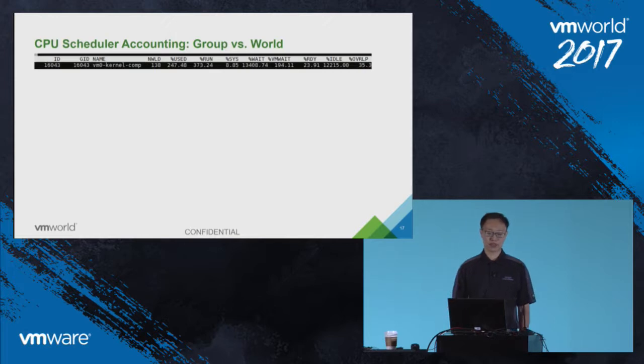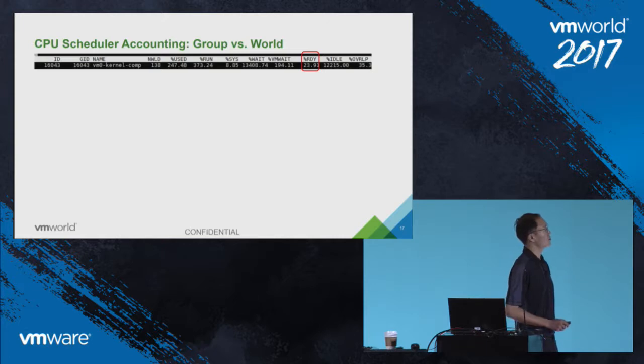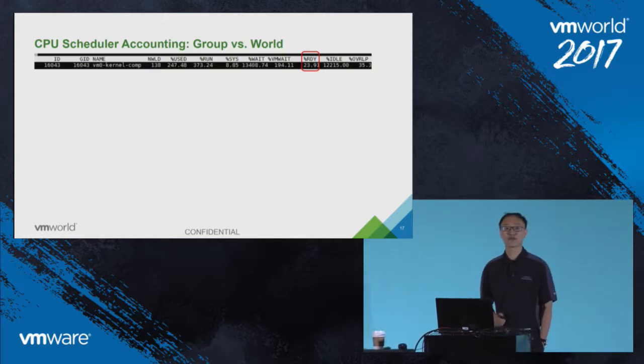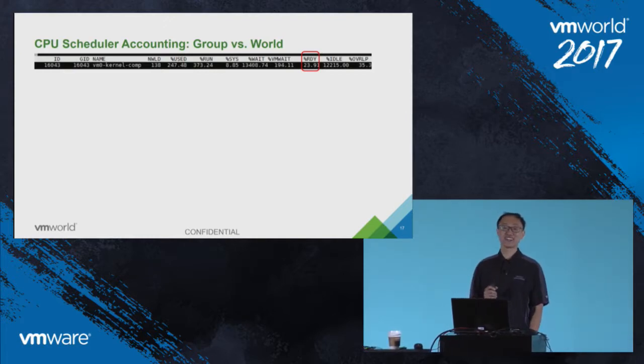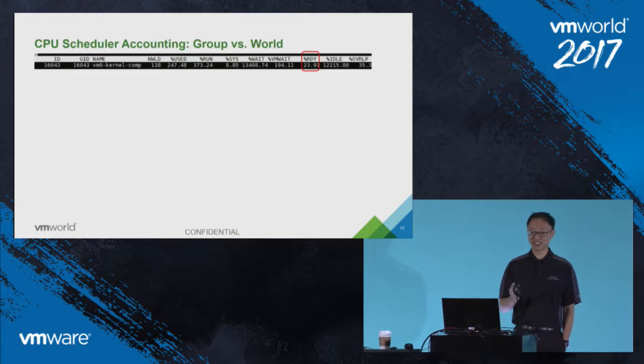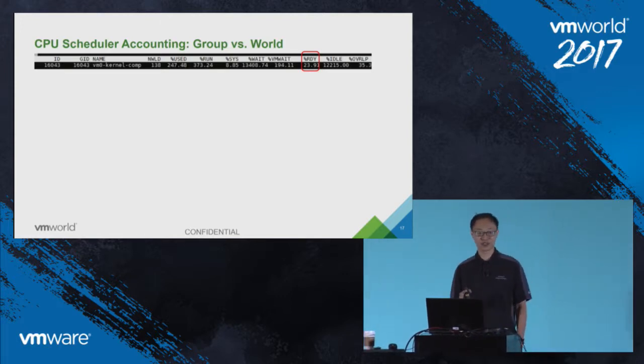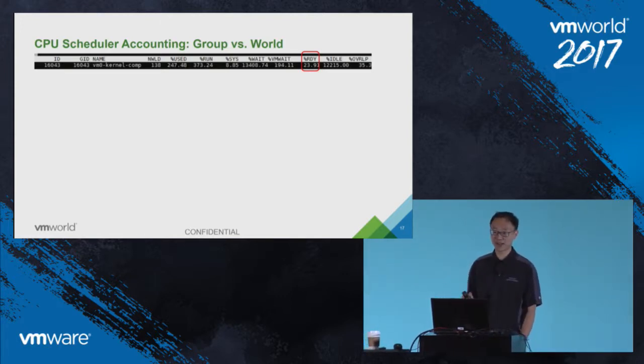Another interesting part is that the group stats are different from per world or per vCPU stats. Here's an interesting snapshot. VM ready time, 23%. How many of you think this is bad? Right, the ready time guideline is 5%. 10% is probably going to be bad.